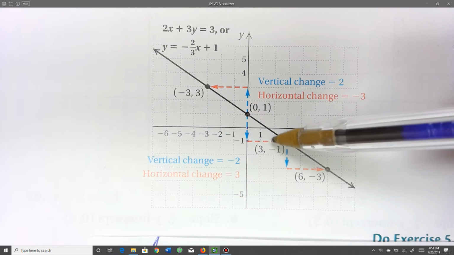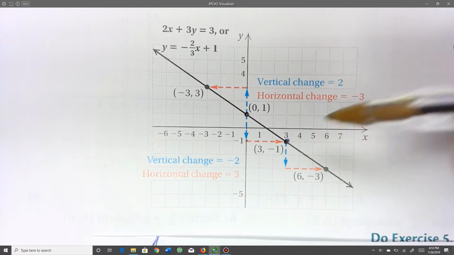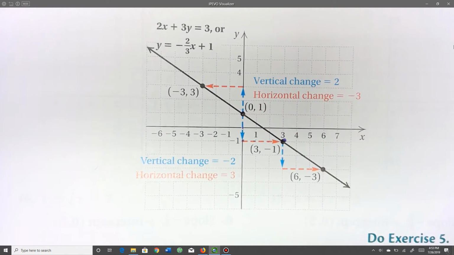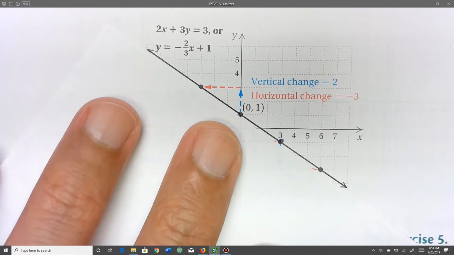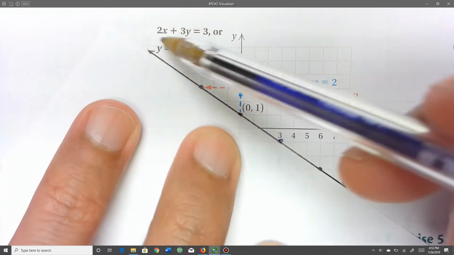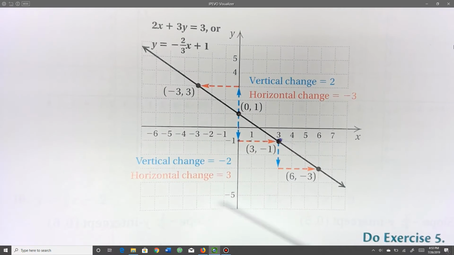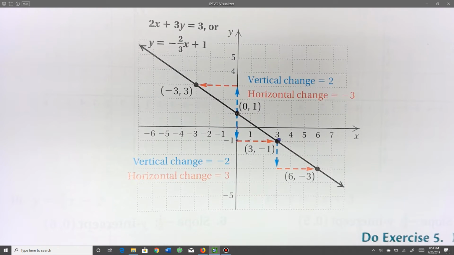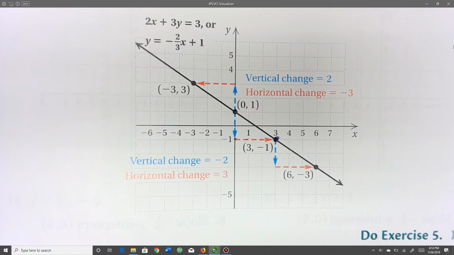Move to the right, 1, 2, 3 units, and plot your point there. Use a straight edge. Graph your equation, and you're done. Okay. And that's it. That's the end of that.